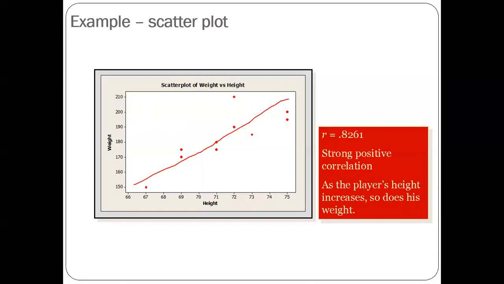So when we got R, that is 0.8261, it is considered a strong positive correlation. So we can state that as the player's height increases, the weight also increases.